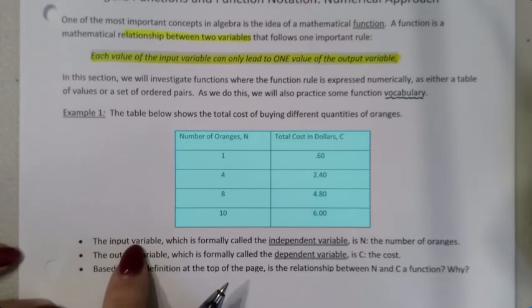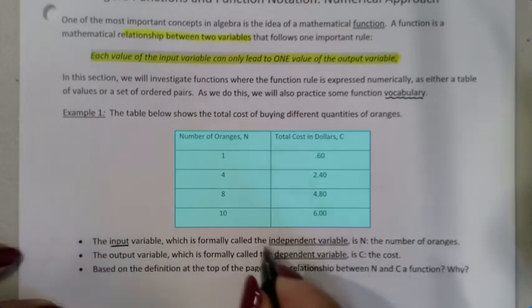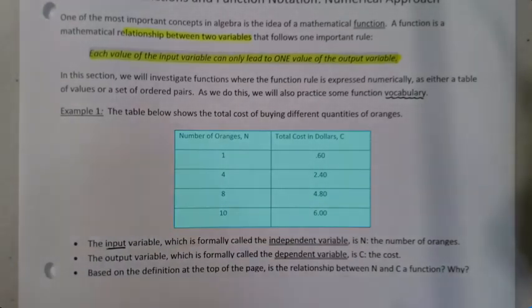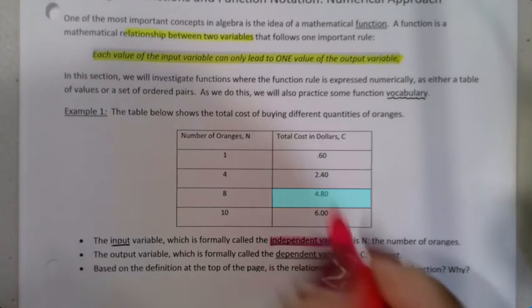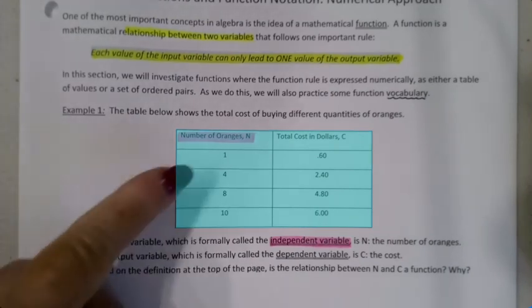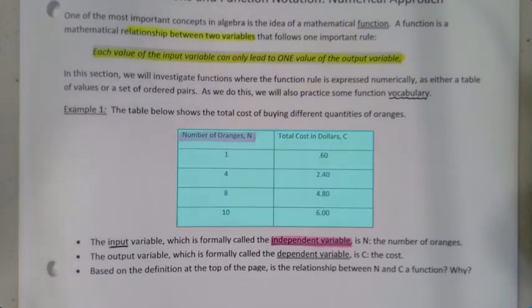So that's what's called my input variable, or more formally, the independent variable. So in this case, the independent variable or input variable is the number of oranges, N. In a table of values, the input variable will always appear on the left-hand side.